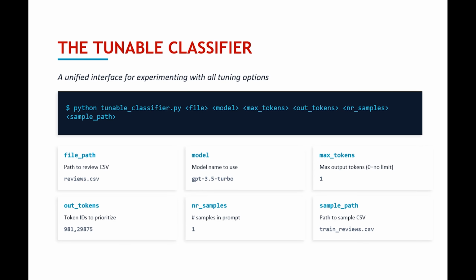You can specify the model, max tokens, token bias, number of few-shot samples, and the sample file path. This means we don't need to rewrite the code every time we want to try a new setup. Instead, we can quickly test different combinations, for example, GPT 3.5 with bias and one sample, or GPT-4 without bias but with multiple samples.